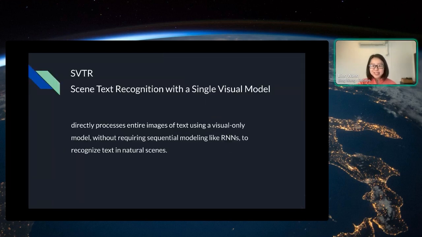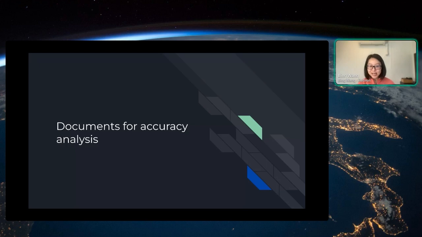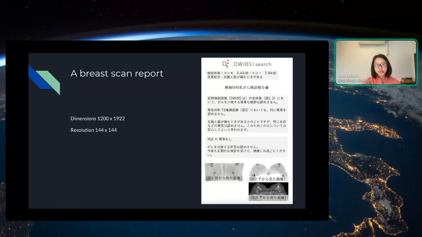Now let's take a look at the documents that I used for this accuracy analysis. I found three documents that are very similar to what we're receiving from the hospital end. The first one is a breast scan report, as you can see here.